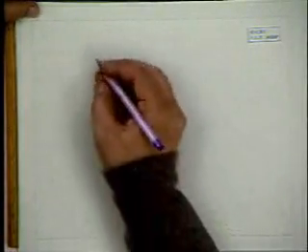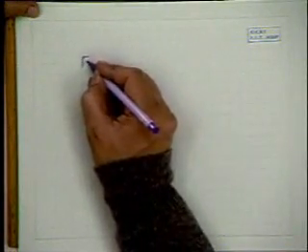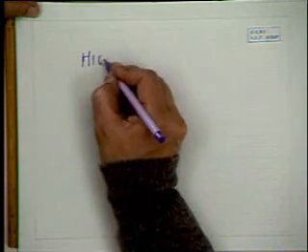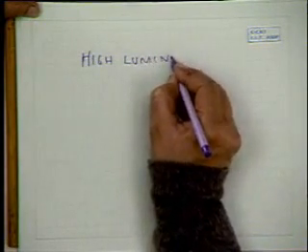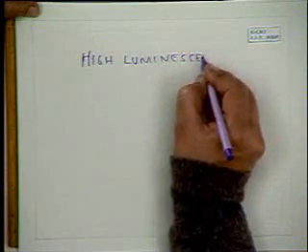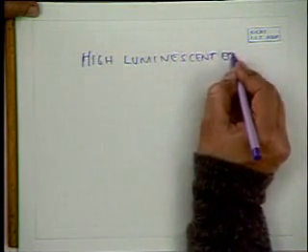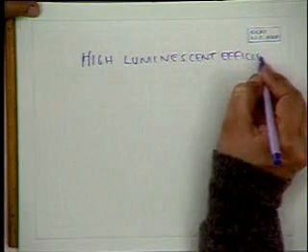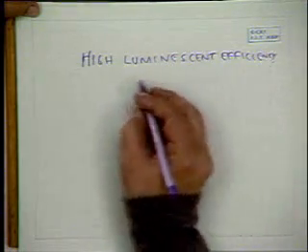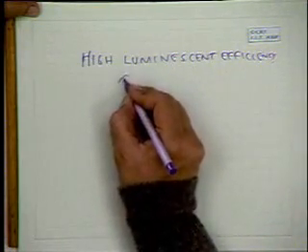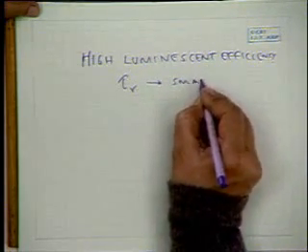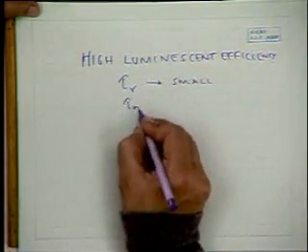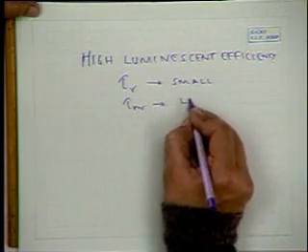And hence we can say that if we want high luminescent efficiency, we would like tau R to be small and tau NR to be large.